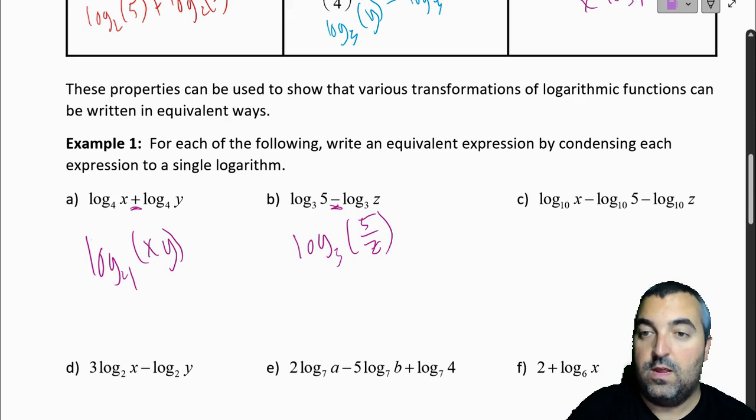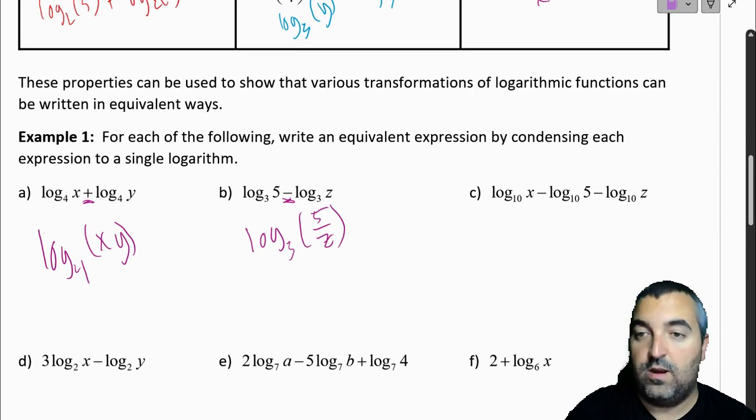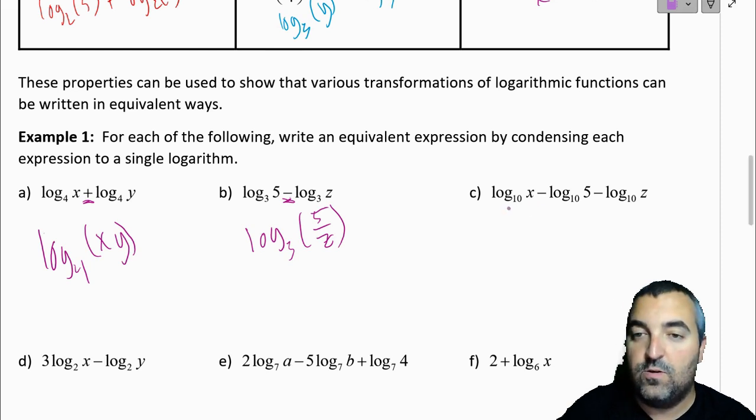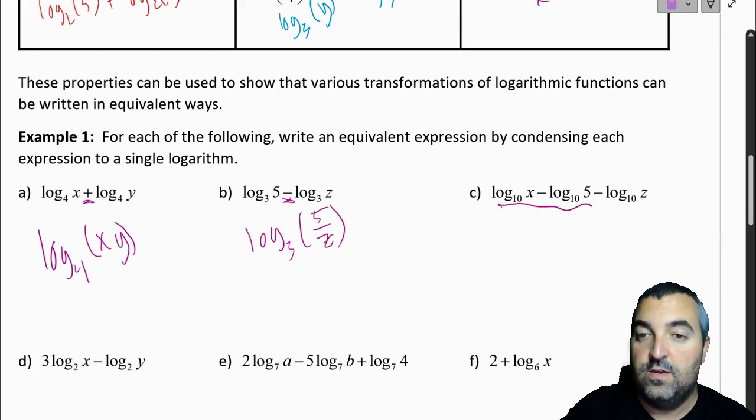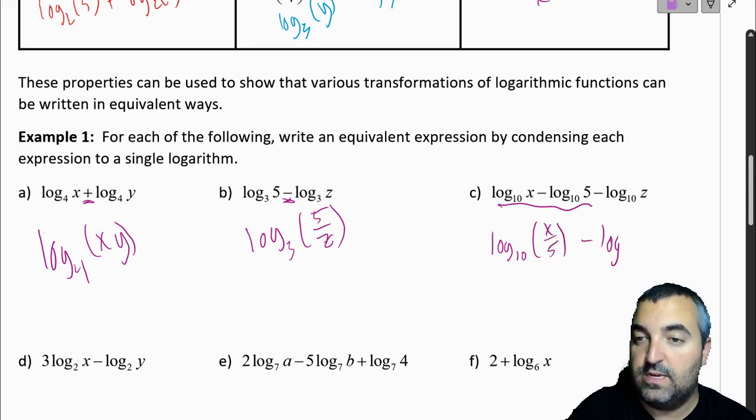All right, this one's a little trickier, but really it's not too bad. I'm going to show you the long way, but then I'll talk about a shorter way. So we have log base 10 of x minus log base 10 of 5 minus log base 10 of z. Let's just focus on the first two. That would be log base 10 of x over 5. But then we still have this minus log base 10 of z.